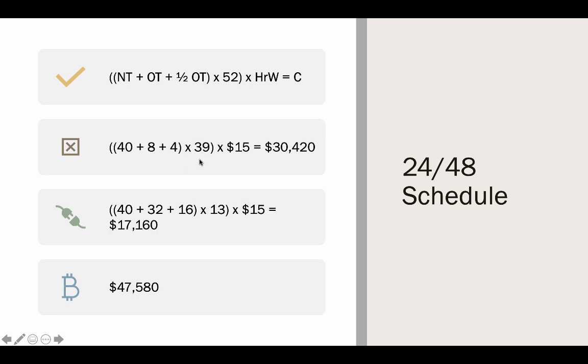I'm working 48 hours a week, so I've got my 40 hours of normal time, 8 hours of overtime, and we'll add in time and a half, so an extra 4 times 39 weeks, which is 75% of the year, 3/4 of the year. If I'm still making $15 per hour, it gets me to $30,000.